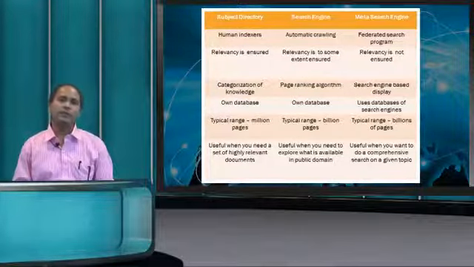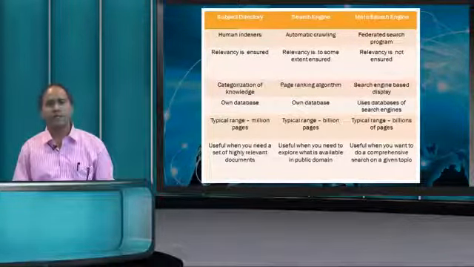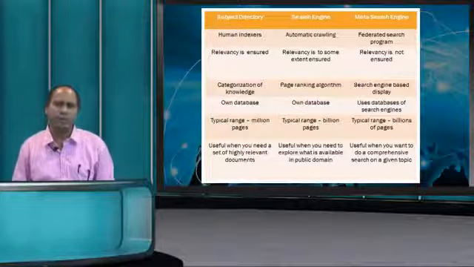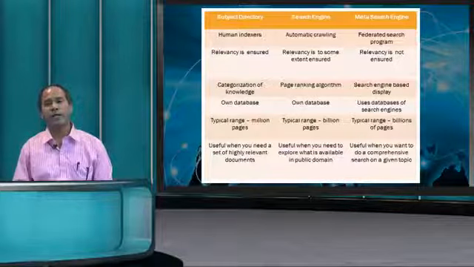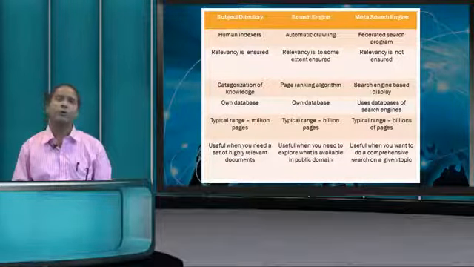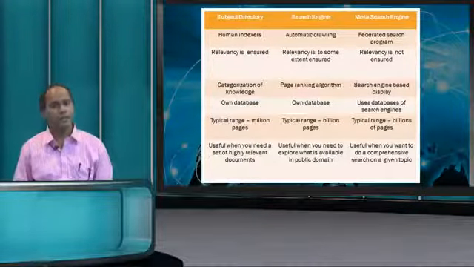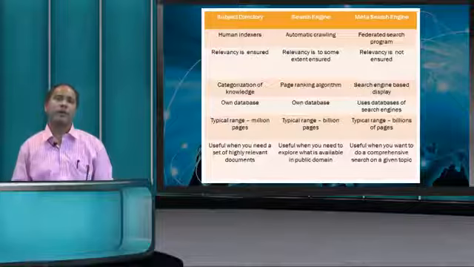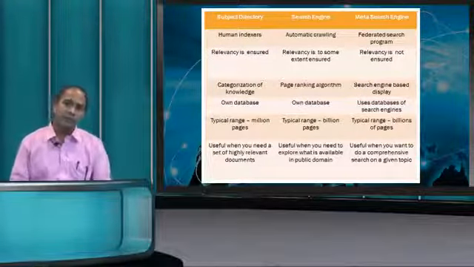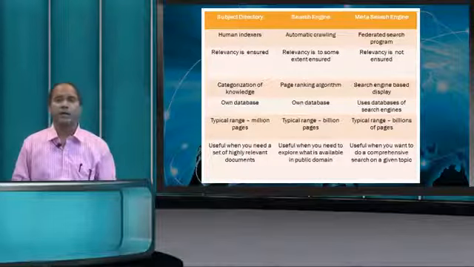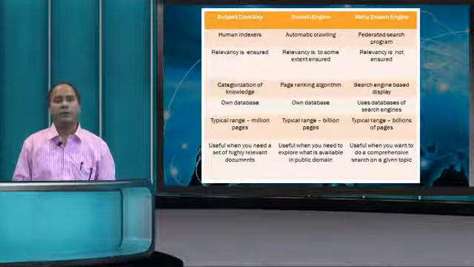Then the typical range of a search engine is in the tune of billions of pages. That is a huge number of web resources they cover. In fact, the largest search engine of the internet is not Google, it's Northern Light. It covers 33% of the whole web, and Google covers only 16% of the whole web. It is very useful when you need to explore what is available in the public domain comprehensively. And they have their own databases.